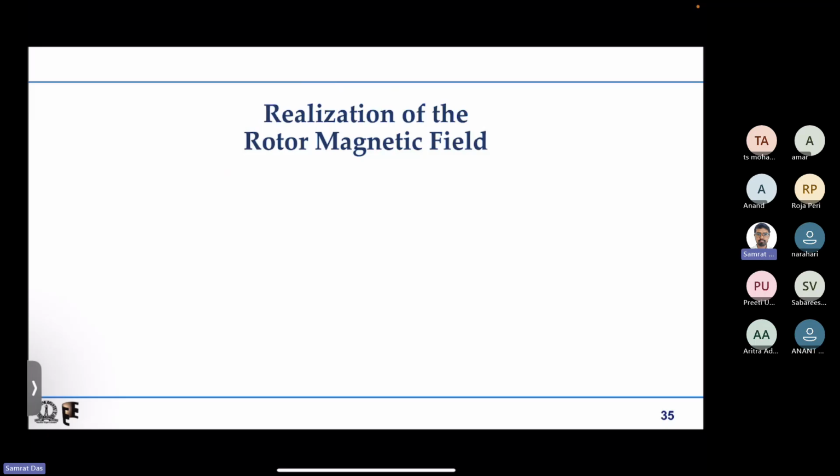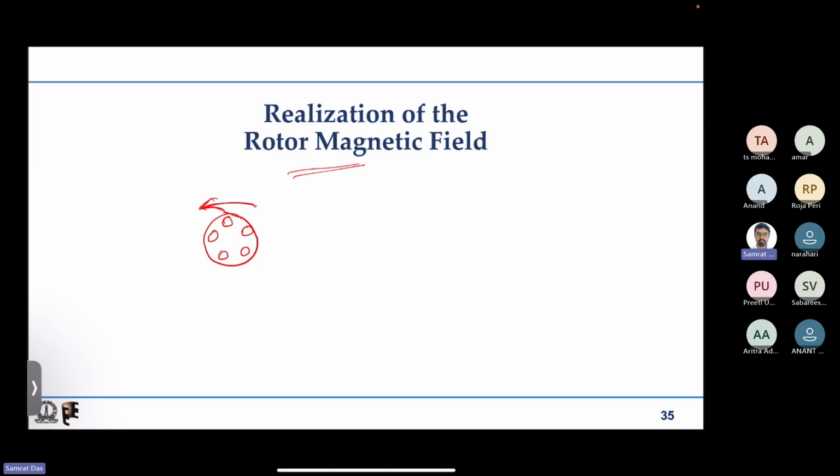Similarly, if I summarize the first day's discussion on the realization of the rotor magnetic field: our rotor is rotating. That means the conductors sitting on the rotor are also rotating.